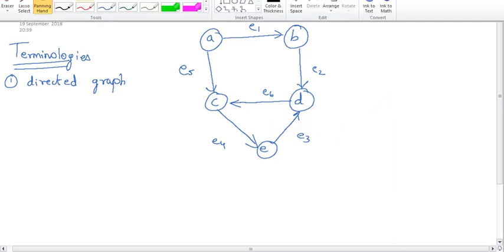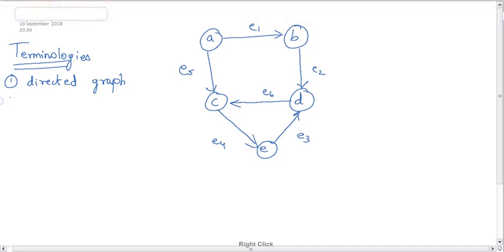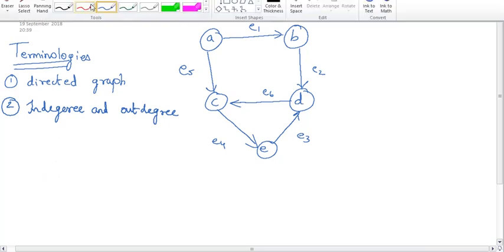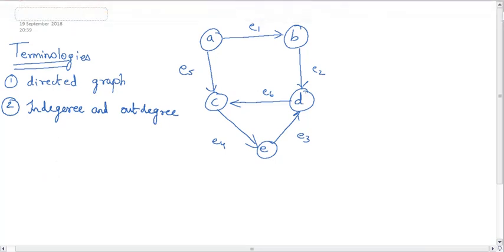Now, let us see some terminologies related to the directed graph: in degree and out degree. What is in degree? It is the number of edges terminating at a vertex. You can take any vertex. So let me take vertex D. If you see vertex D, it has terminating edges. What are terminating edges?